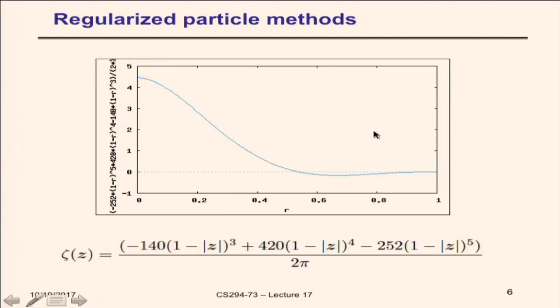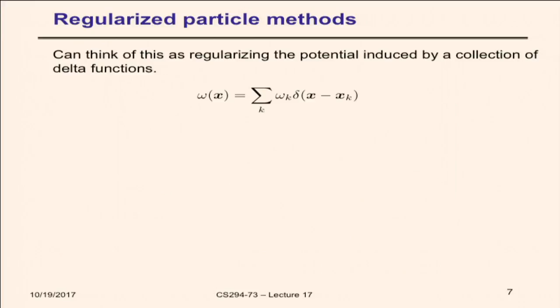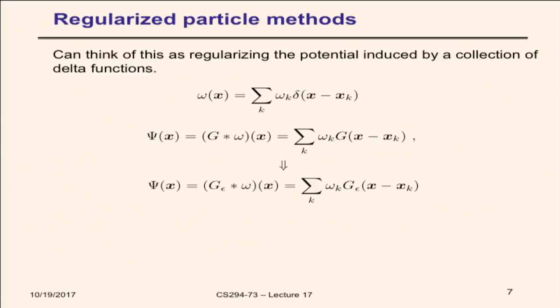If we smooth the Green's function that way, here's what our method looks like. We can think of it as regularizing the potential induced by a collection of delta functions. So you have omega, which is omega_k times delta of (x minus x_k). Here's your stream function, G convolved with omega, that's omega_k G of (x minus x_k), where that's the ordinary Green's function.